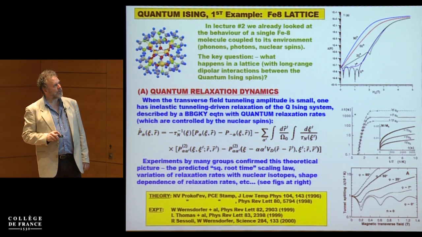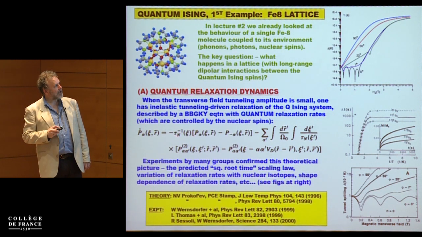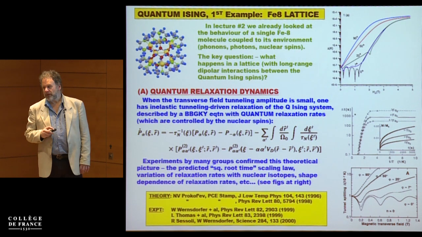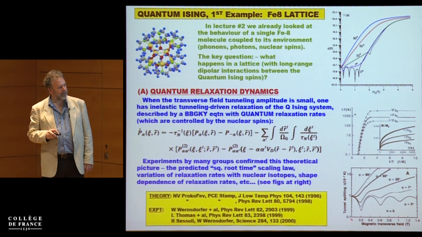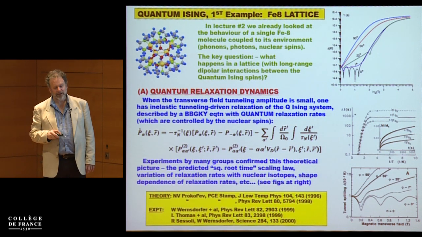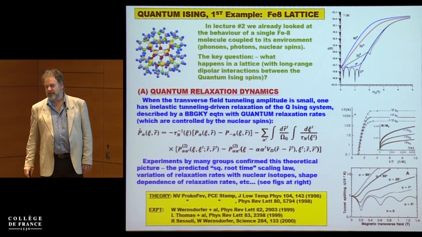And various predictions were made for this system, which were in fact verified in many experiments, and they're really quite dramatic. For example, the relaxation rate turns out to be proportional to this tunneling amplitude squared. So in the dynamics, we should see that, and this is a plot in an experiment as a function of transverse field of the relaxation rates for different orientations of the field. It's quite remarkable.